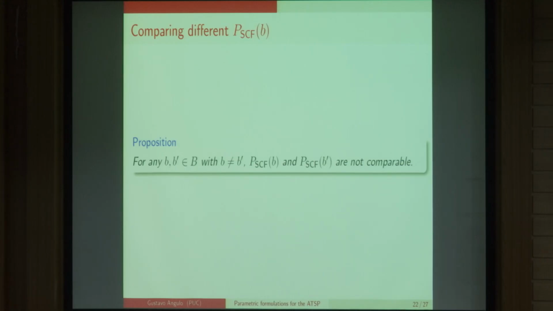Something that is very interesting here is that for any choice of different B's, the formulations are different. There's no way to have the same set, and they are never comparable. Okay, so therefore now it makes sense to intersect all of them, because everyone will give us something different.